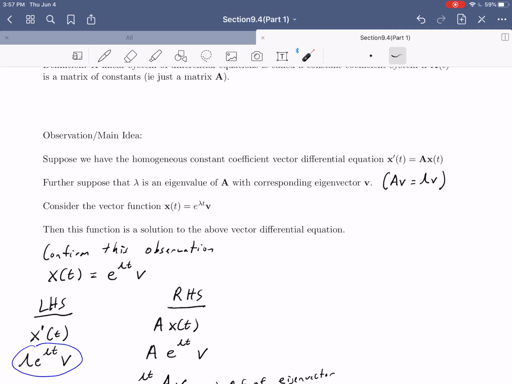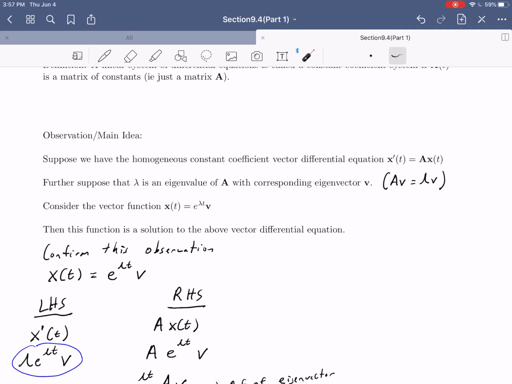So even though this is only one single solution, we know that often a matrix has several different eigenvalues or several different corresponding eigenvectors. So even though this is just a single observation so far, it's really going to be the foundational building block.